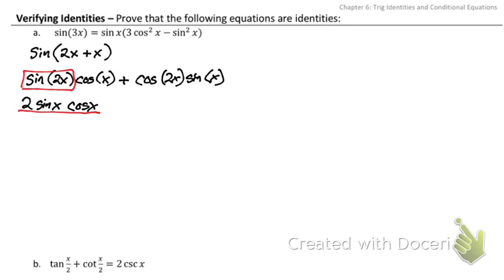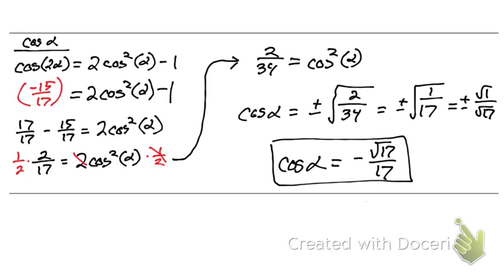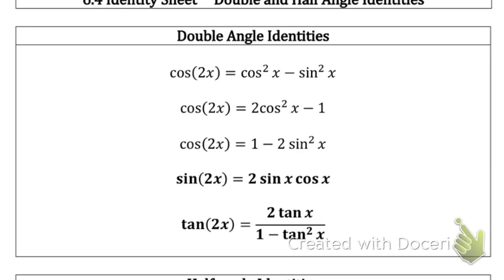Now we're also multiplying that by that cosine that was still on the outside. Here's where we have a small problem. Look at your double angles for cosines. You have 3 of them, and only one of them is going to work.